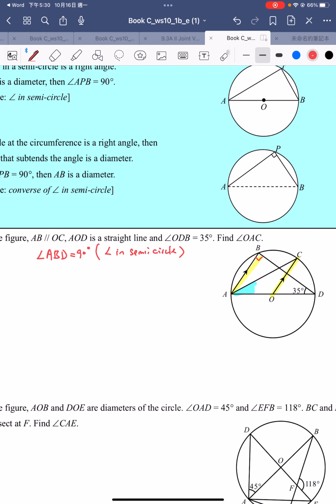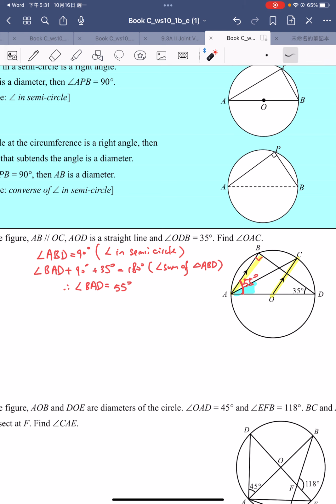So the angle BAD plus 90 degrees plus 35 degrees is equal to 180 degrees, the reason being the angle sum of triangle ABD. So the angle BAD is equal to 180 minus 90 minus 35, which gives you 55 degrees. So the whole angle here is 55 degrees.